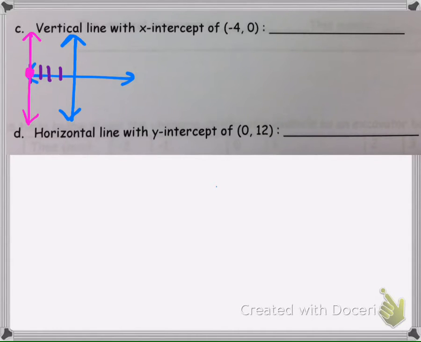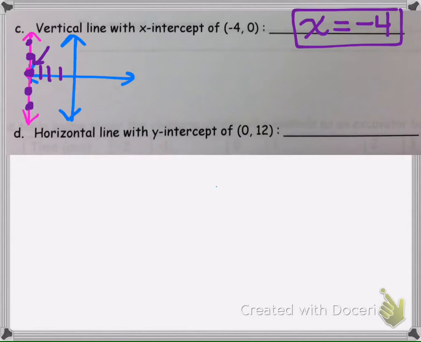So it asks, what is that equation there? Well, that x value right here is -4. That means every point on this line has to go over to -4. All the x values of these points are all -4. So all the x's are going to be -4. So the equation is going to be x equals -4.